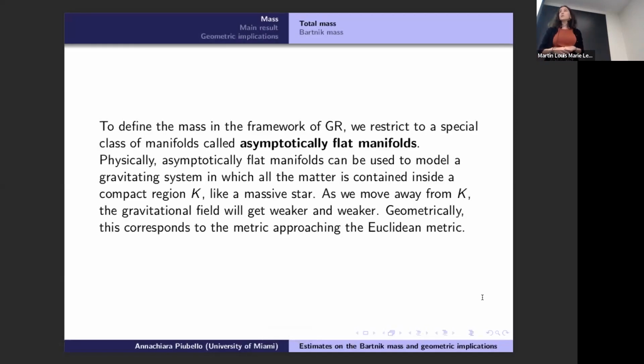Asymptotically flat manifolds physically represent isolated systems in which all the matter is contained in a compact region. And the further away we go from the compact region, the less we're going to feel the gravitational field. And this geometrically will imply that the manifold gets flatter and flatter. So it will get closer to the Euclidean metric.